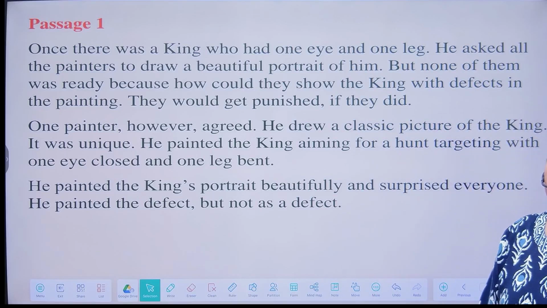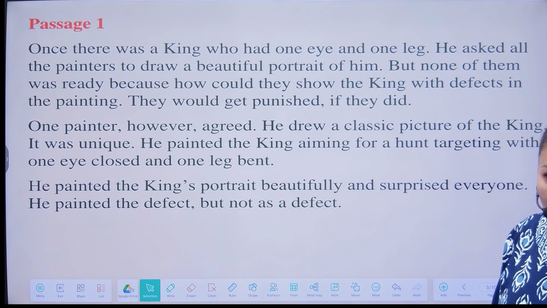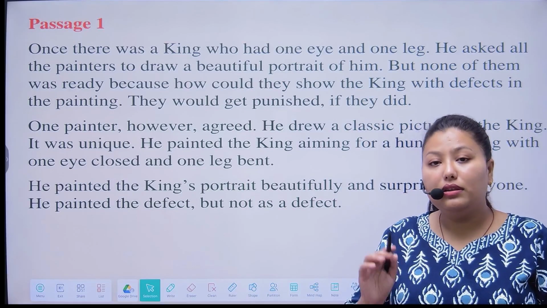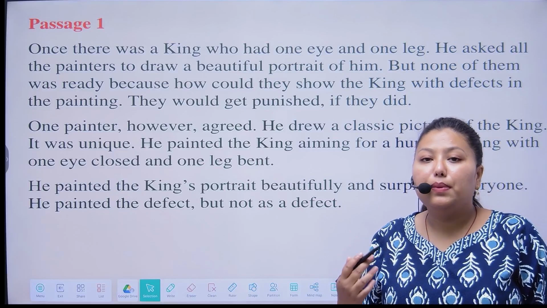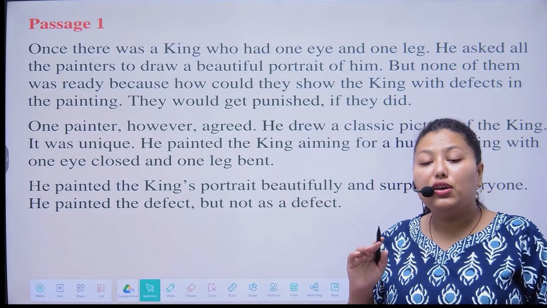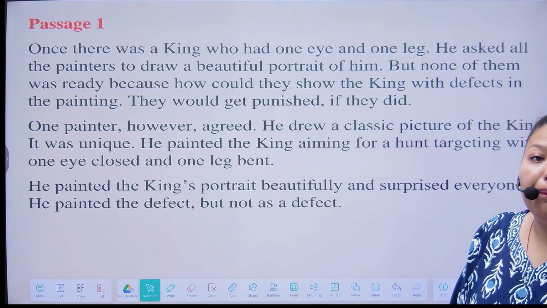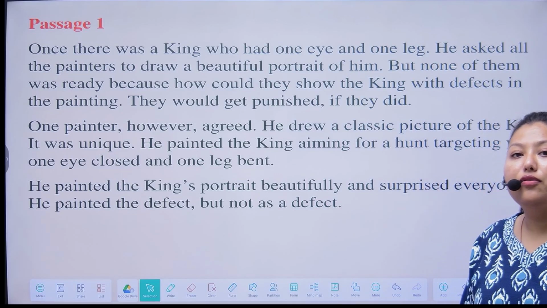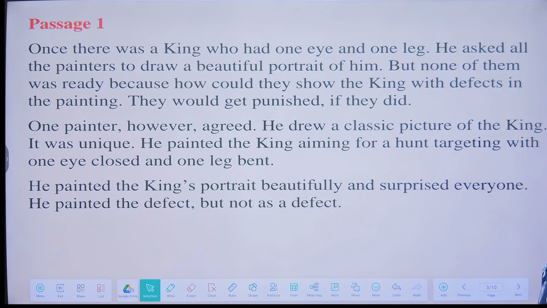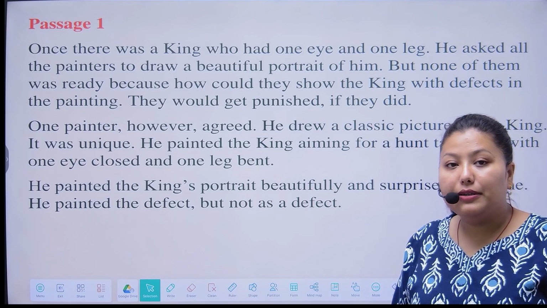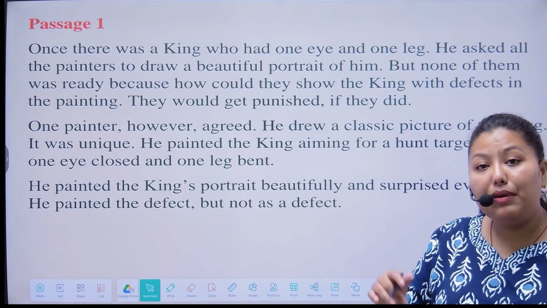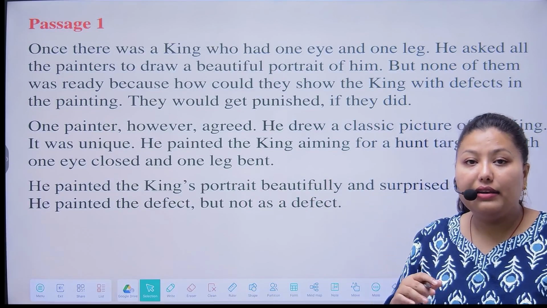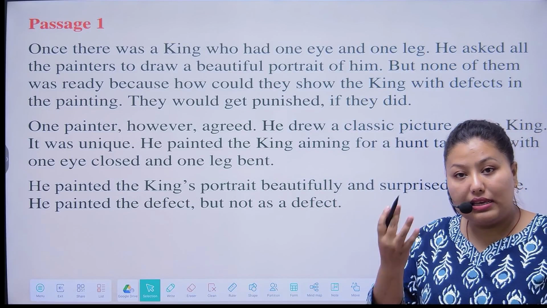He drew a classic picture of the king. It was unique from others. He painted the king aiming for a hunting target, with one eye closed and one leg bent, because he has only one eye.